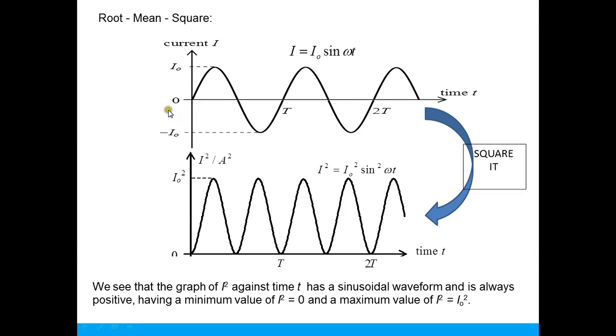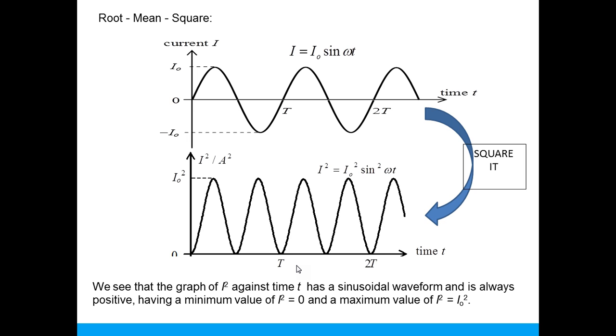Notice that in the previous graph on top, current completes itself in one cycle in period T, but in the I square graph, two humps give you time T. It's important that you do not make the mistake of thinking that one cycle in the I-square is a period. In fact, it is 2 cycles in the I-square graph that gives you a period.